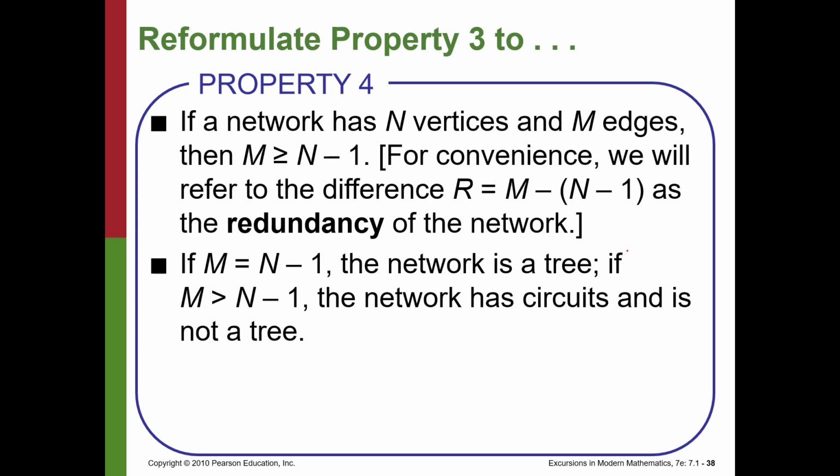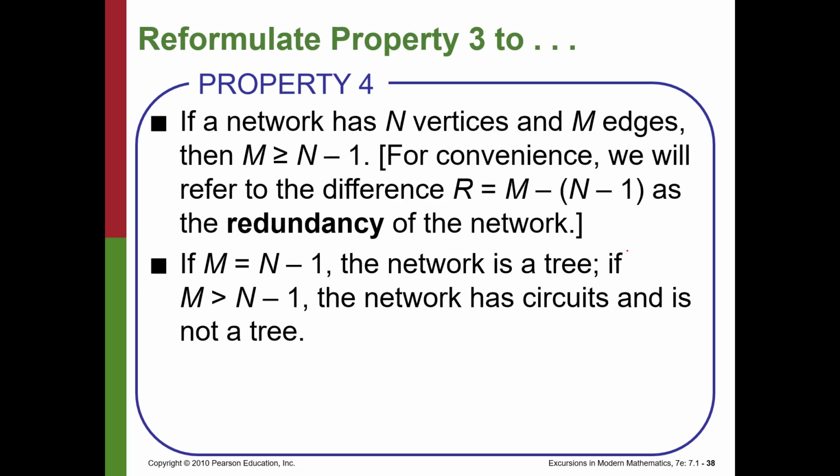Property 4 reformulates property 3. If a network has n vertices and m edges, then m is greater than or equal to n minus 1. If you have a network, then you're a connected graph, and if you're connected, you have to have at least n minus 1 edges.